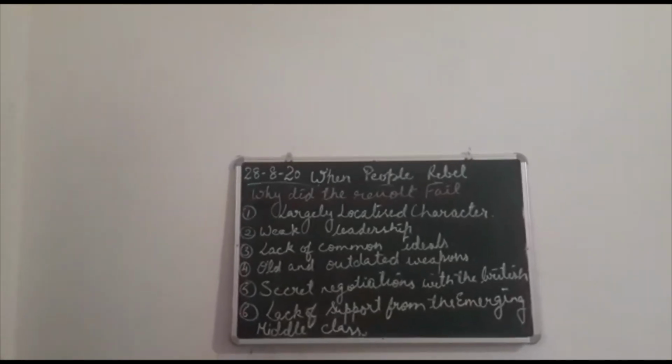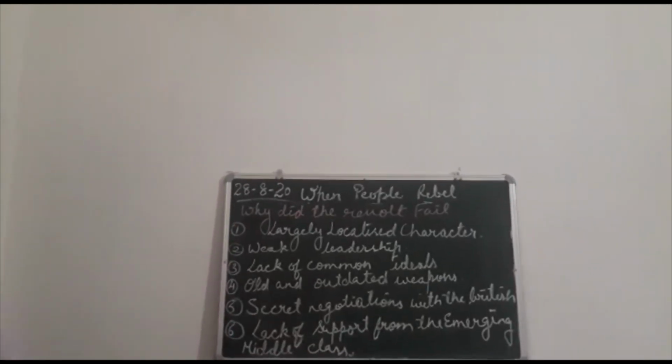It's easy for them to suppress the rebellions which arise in different parts of the country. Fifth, secret negotiations with the British. Most of the old rulers who fought in the revolt were those who had been deprived of their territories.